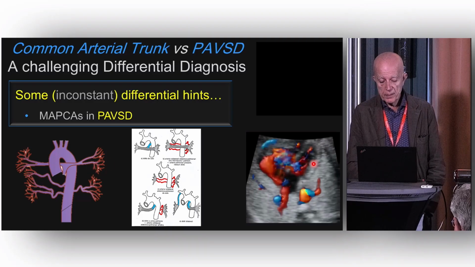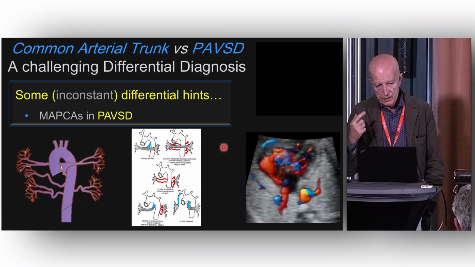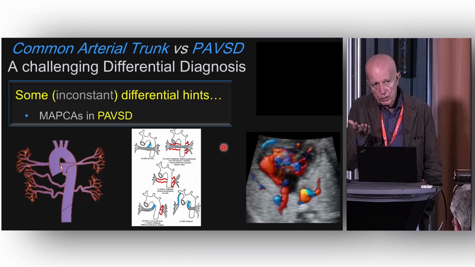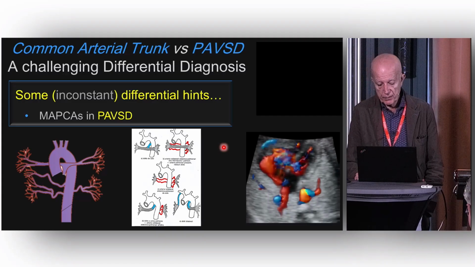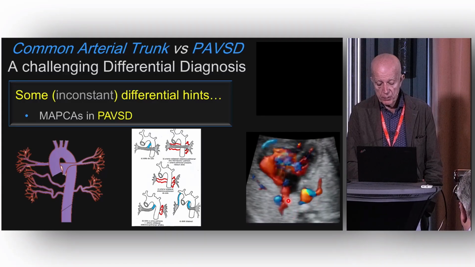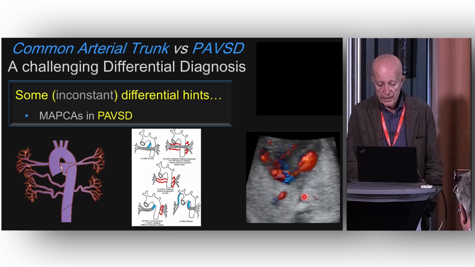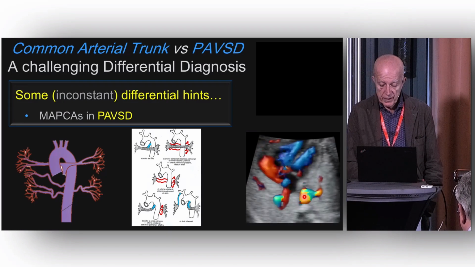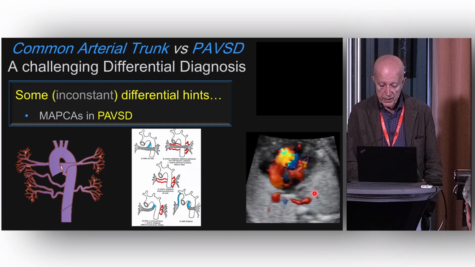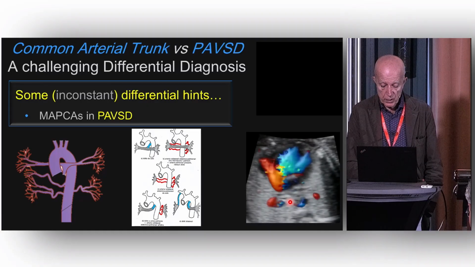And you see this clip. The clip was done scrolling up and down the heart from the four-chamber view, and you see here one pulmonary vein and one MAPCA arising from the aorta. Then I go down, up again, the same MAPCA as before here, another one coming out here. These are abnormal vessels, they should not be there.